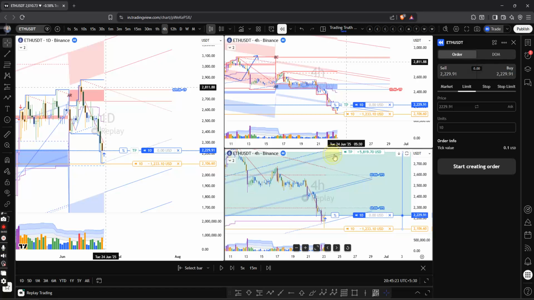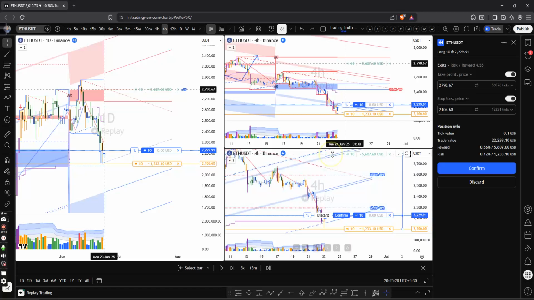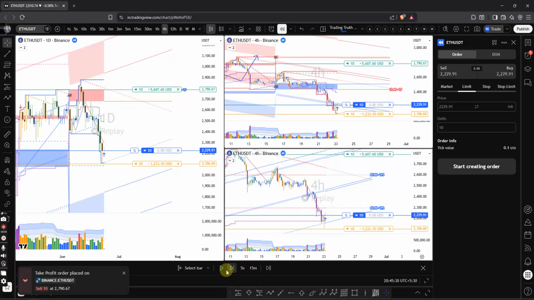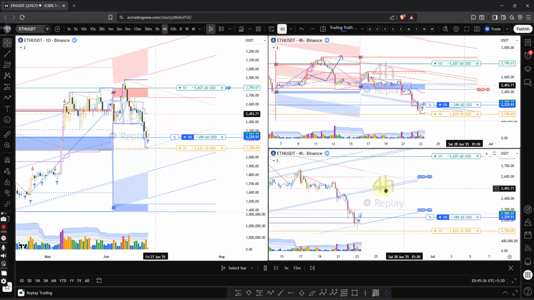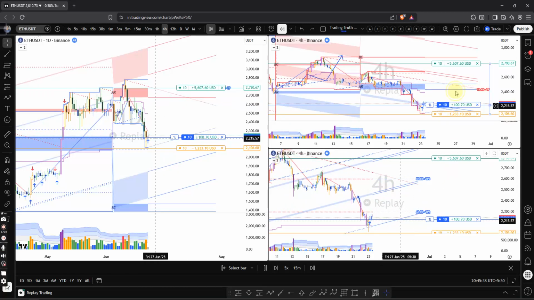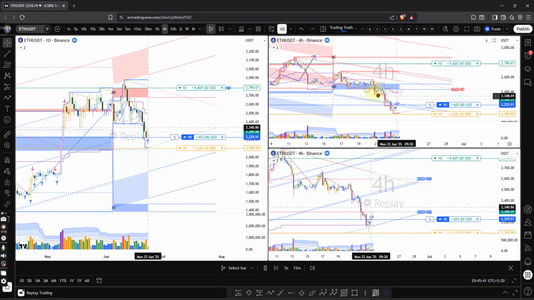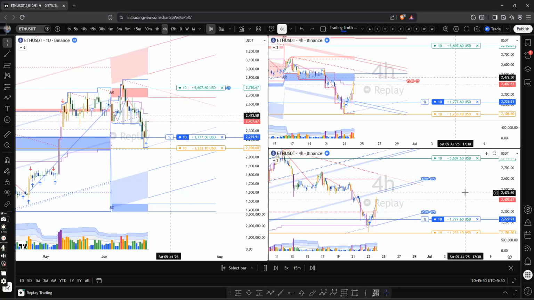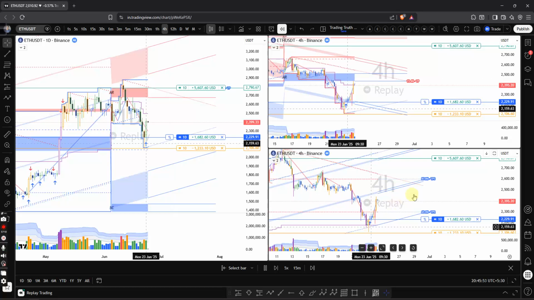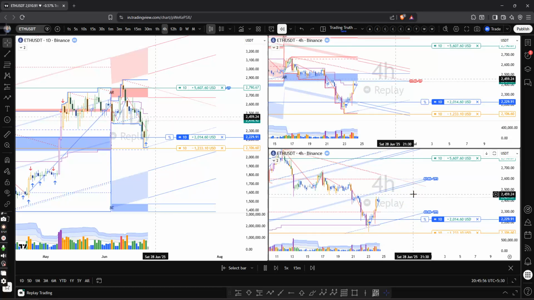You see, I'm looking at the daily time frame, putting it there, and now let it run. Boom. See, that's the power of this trading truth concept, guys.